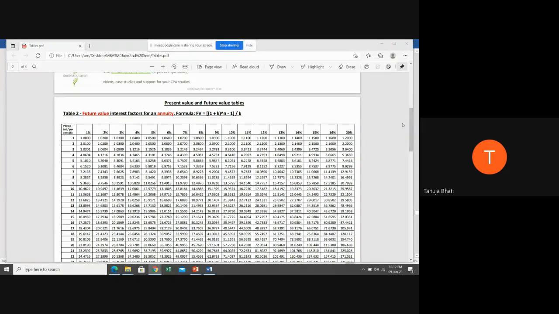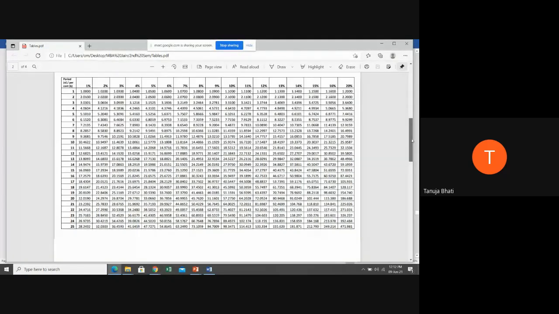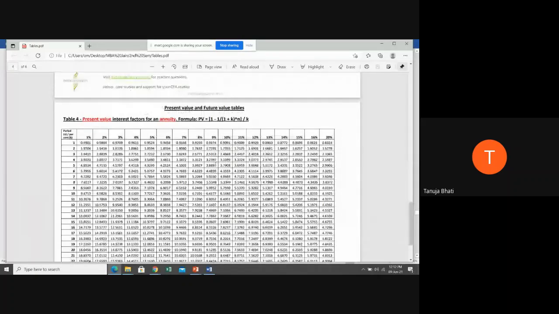Can you all see the table? Now, see your students, even if you all are not able to remember the formula, it is very simple. Tables will be given in the examination hall. The formula to calculate the value also is given here. If you're not remembering the formula to calculate the present value annuity factor, in the table itself the formula is given.